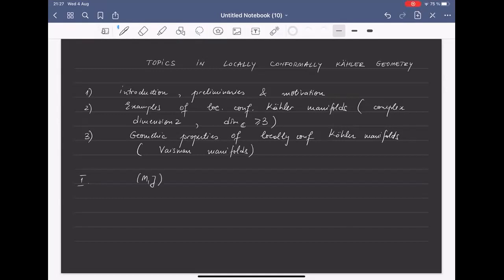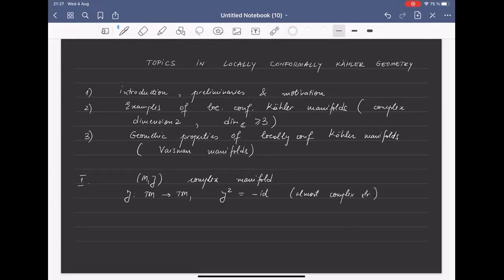So (M, J) will denote a complex manifold. J stands for the complex structure. So J is an endomorphism of the tangent bundle with the property that J squared is minus the identity. So this is an almost complex structure.